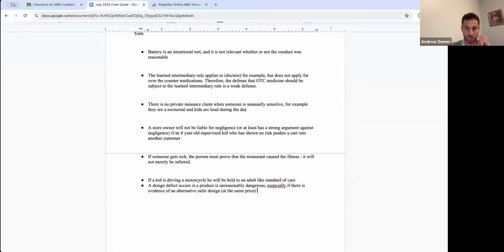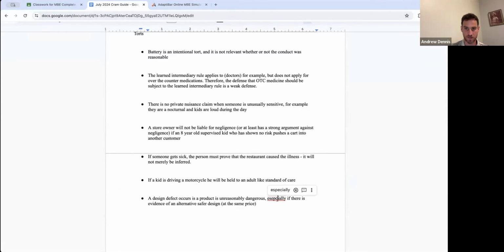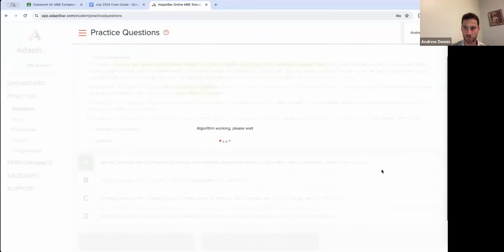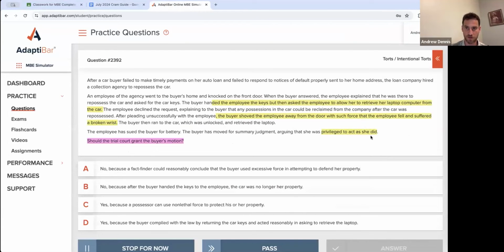They gave us a lot of facts here to say this thing was defectively designed. You could have done it without stalling for the same price. If it was like $1 million more to do it, maybe it wasn't defective, but this was very defective.